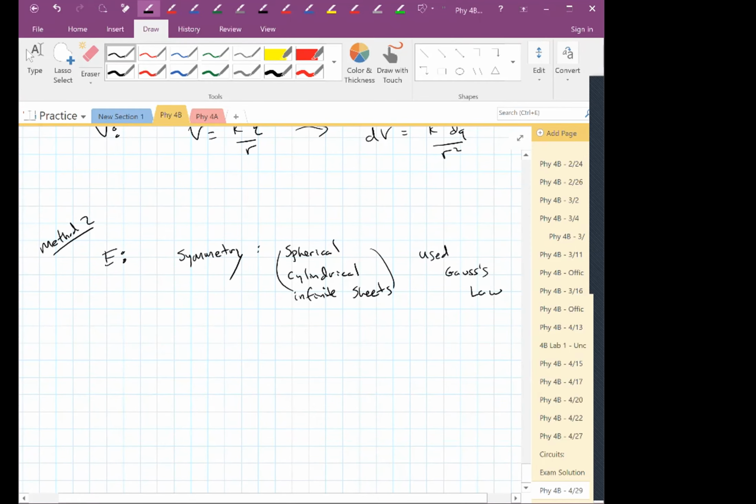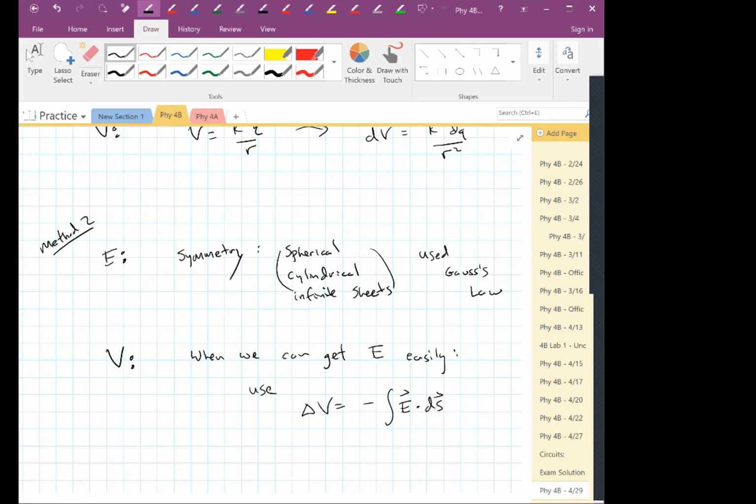So what do you think we're going to do for electric potential? For certain symmetries, when we can get E easily, use delta V is the integral of E dot ds to get delta V. When can we get E easily? When we have cylindrical, spherical symmetry, or infinite sheets, right? And we can use Gauss's law to very quickly get the electric field.